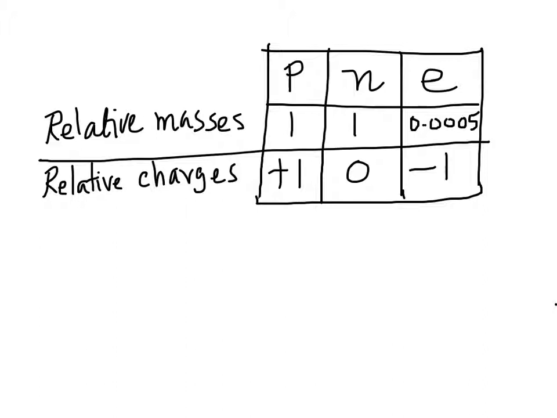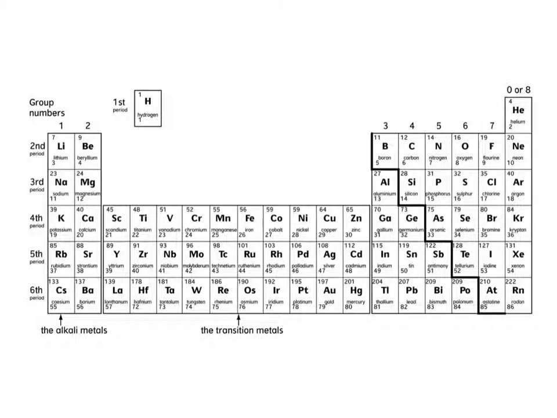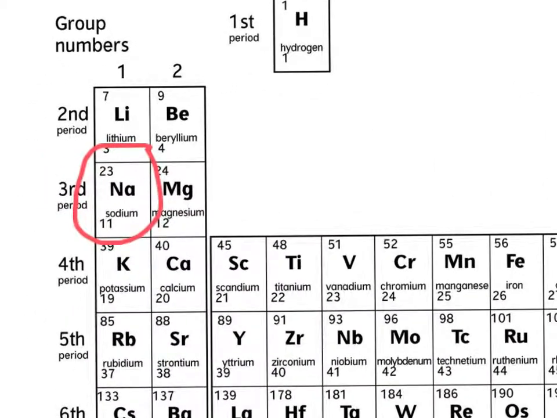For a given atom, how do we figure out the number of neutrons, protons and electrons? You can do this by referring to the periodic table. To have a look at how this is done, go to the next page. You can get information about the number of protons, neutrons and electrons in any given atom by using the periodic table. For example, let's look at sodium here. As you can see, sodium has two numbers on its symbol.